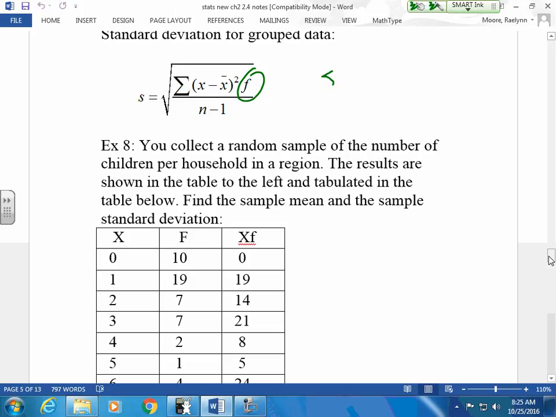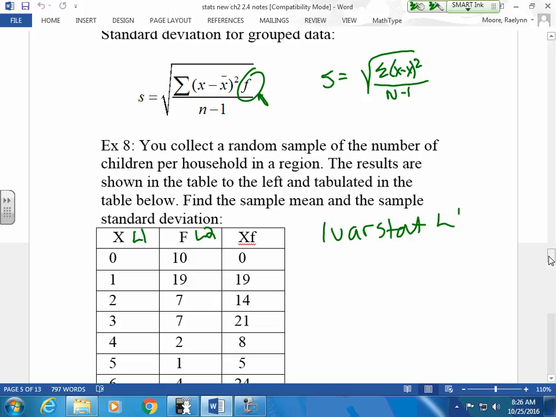Your other formula said take the sum of the squares and divide it by n minus 1. The only difference is this is a frequency. So this is your L1, this is your L2. And when you do a one-variable stat, you just have to say L1, L2. That's all you have to say.